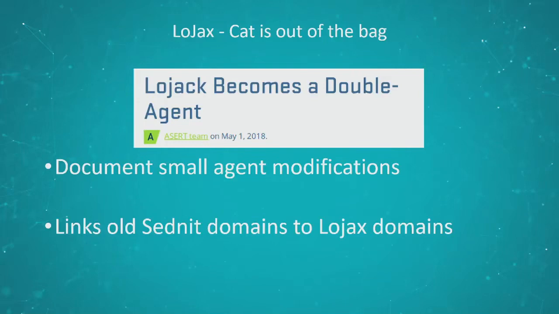In this blog post, what they found is that there were a lot of small agent modifications in the wild where the attackers would change the configuration file to point to a domain that they own, or an IP address. And what was very interesting is that these domains and IPs were already seen before. In fact, they were used by some Sednit tools.